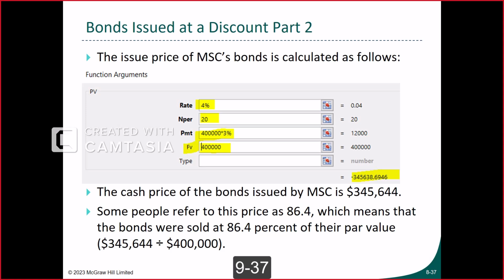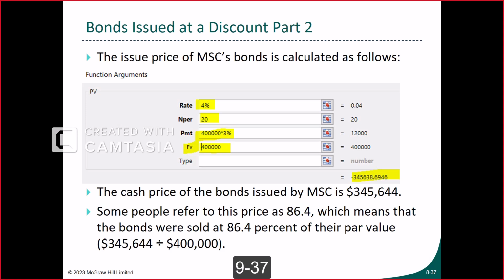By default, if you leave it empty, Excel will consider this as a calculation at the beginning of the period, which means starting the day you issue the bonds, the interest starts to run, which is the regular situation. That's why you can either put 0 or leave it empty. By default, Excel will consider this a beginning of the period calculation.